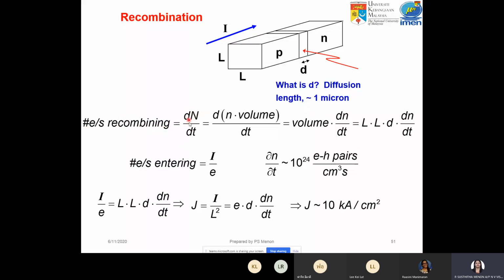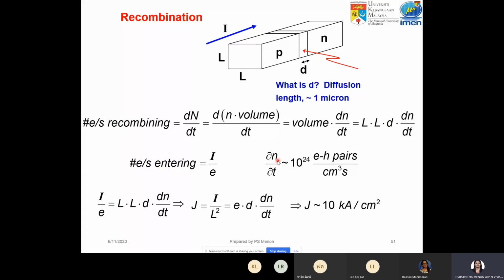N simply means the carrier density, t is time, and this N, the number of carriers, is multiplied by the volume, because this is a physical volume of the chip. The volume is given by L times D, right? This is the volume that the carriers need to pass through. And the number of electrons entering the active region is given by I over e.